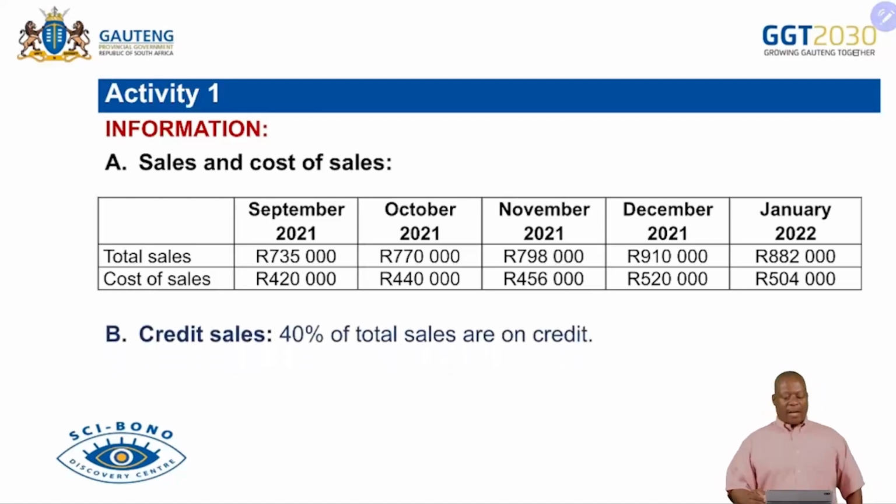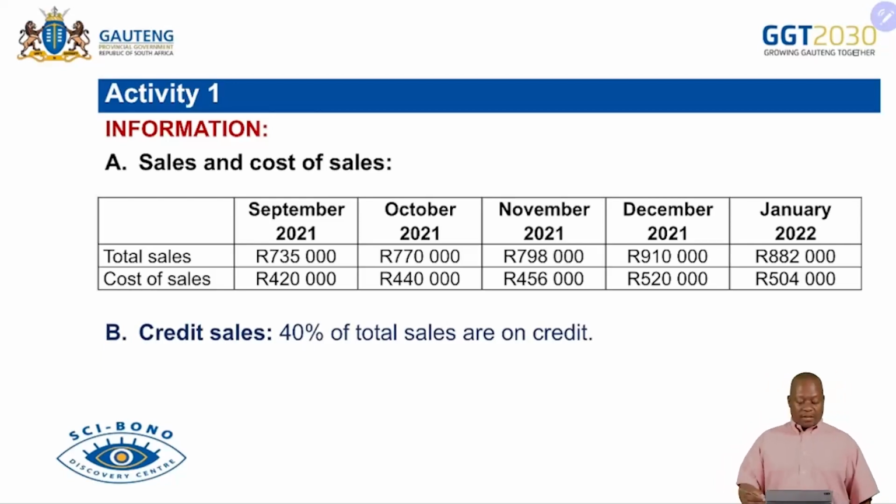Now, they also gave us information B to say is credit sales. 40% of the total sales are on credit. Remember, when you are preparing a debtors' collection schedule, you can never do it without credit sales figures. So here, what we are given are total sales figures, which we are not interested in per se, but we are interested in credit sales when it comes to the debtors' collection schedule.